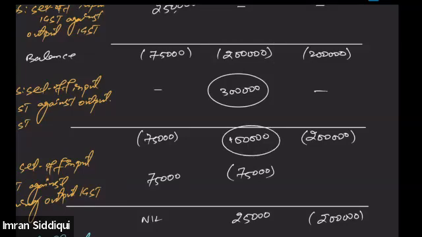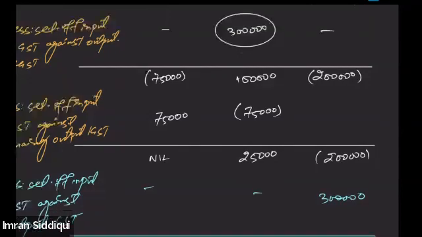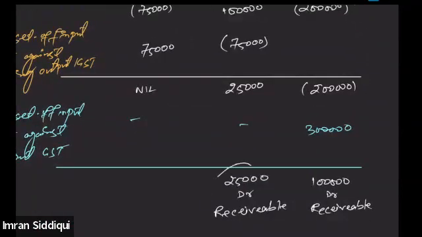So the balancing figure has been adjusted using the IGST, but we will be able to adjust to the extent of 75,000 only, because we only have 75,000 rupees available under the output IGST account. So that means we will be left with a balance of 25,000, which is not yet set off, and the amount which is not yet set off can be claimed from the government, and therefore it is considered as the receivable amount.